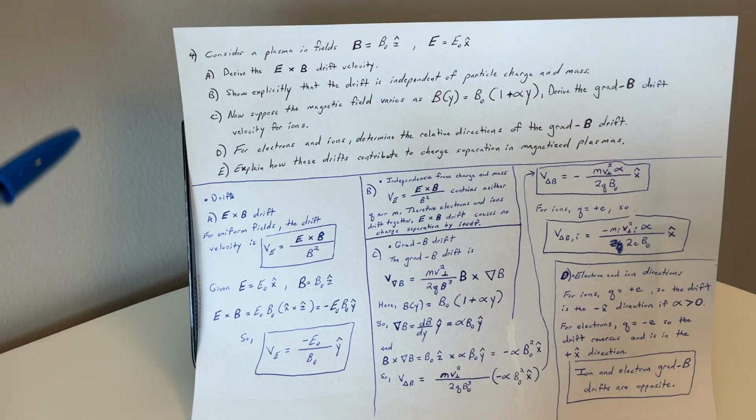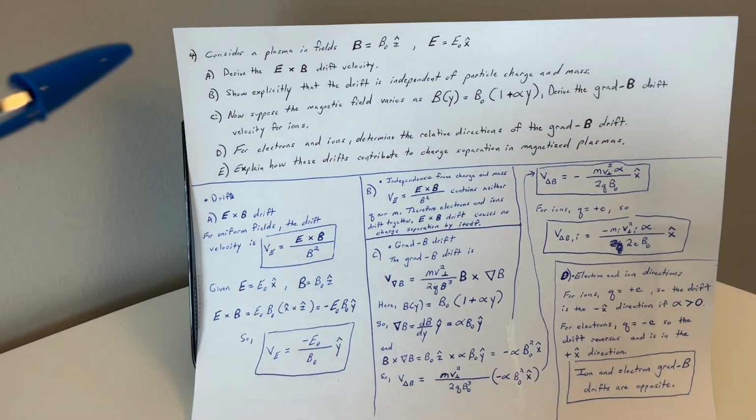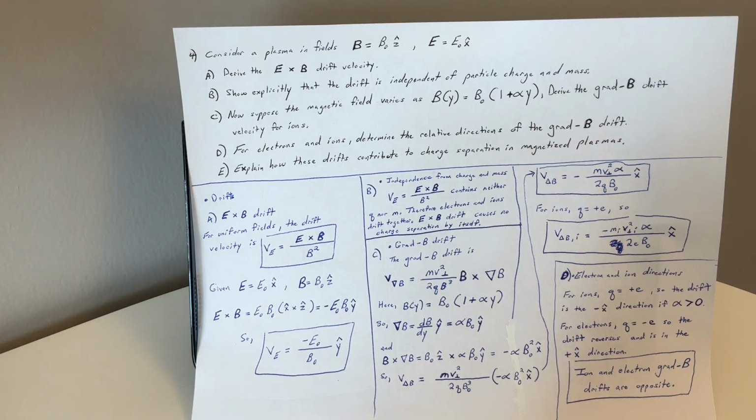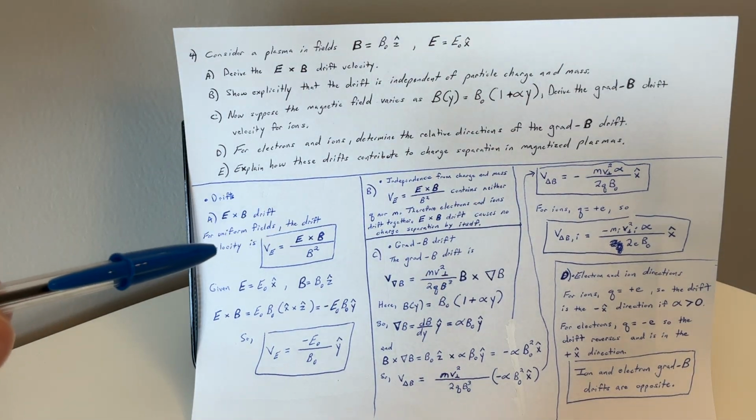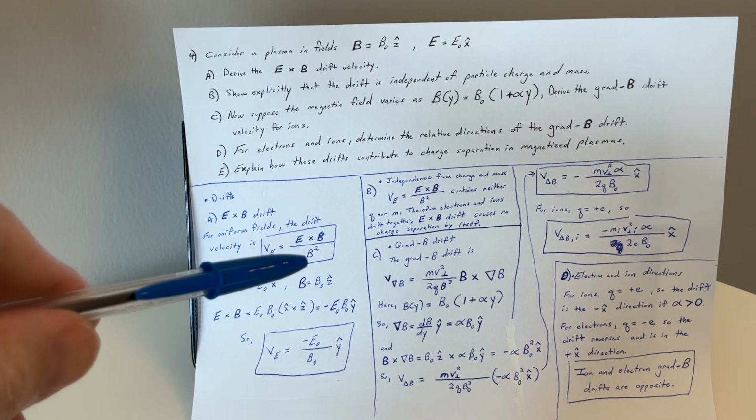Okay, so number 4, we consider a plasma in fields. Magnetic field equals B_0 Z hat. Electric field equals E_0 X hat. So for part A, we want to derive the E cross B drift velocity. For uniform fields, the drift velocity is V_E equals E cross B over B squared.